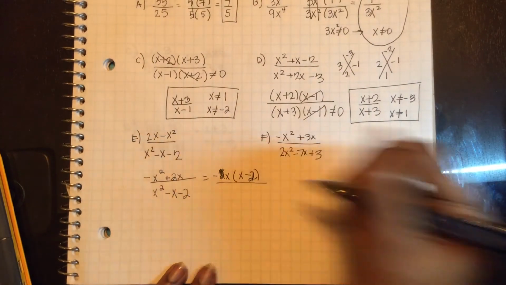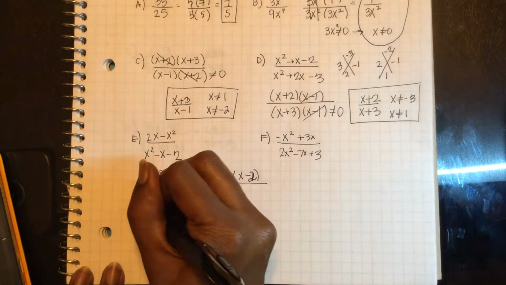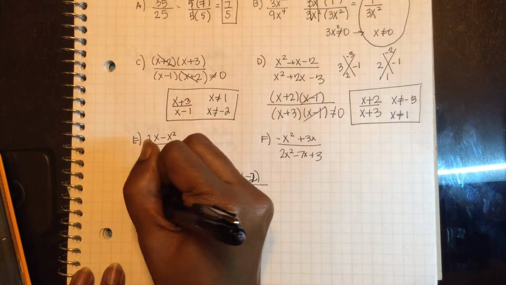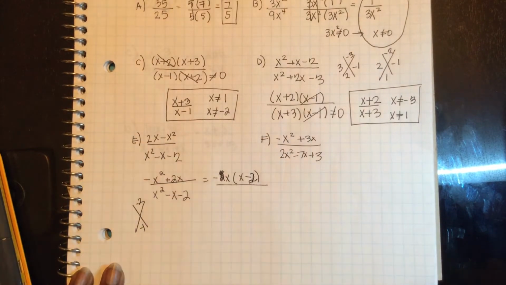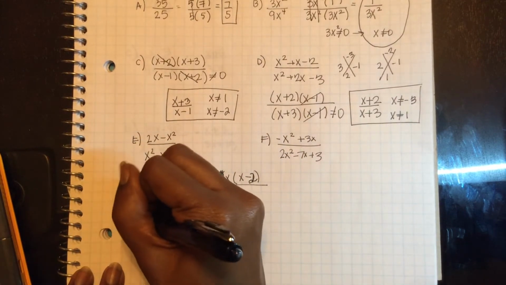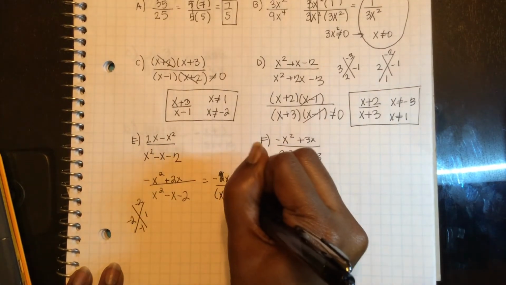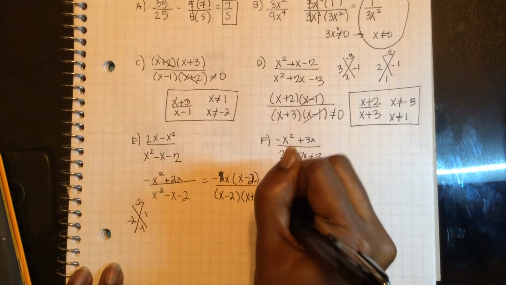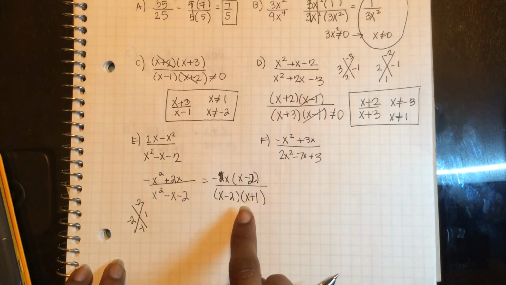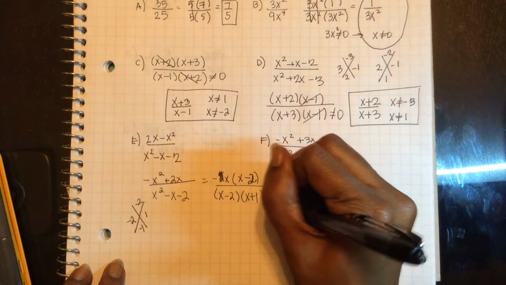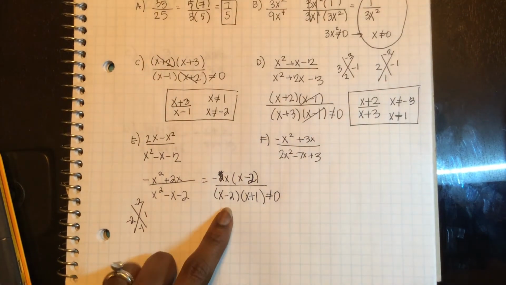Now on my denominator, I need to factor this trinomial, looking for two numbers that multiply to make -2 and add to make -1. Those are -2 and +1. So this factors to be x minus 2, x plus 1. Now that my denominator is factored, I can determine when it's undefined: my denominator cannot equal 0.